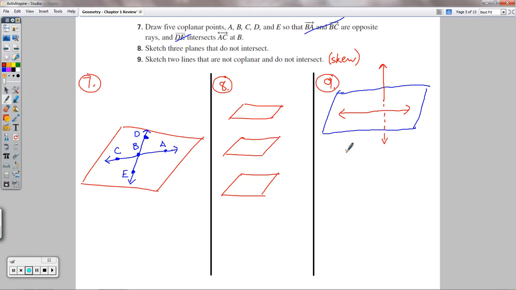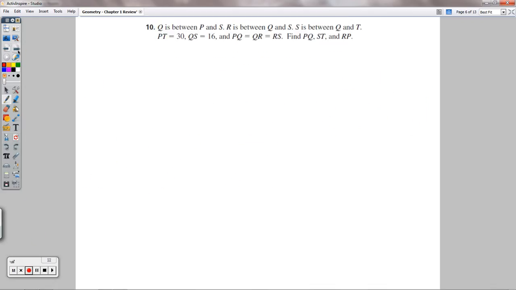That might be a little easier way to picture it. So think of an arrow or maybe a laser beam shooting through the paper like that, where this line was on the plane and then this one crossed through the plane but was not on the same plane. Okay, moving on. Hopefully I did not confuse you there.